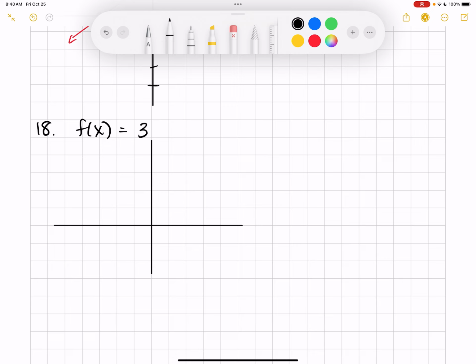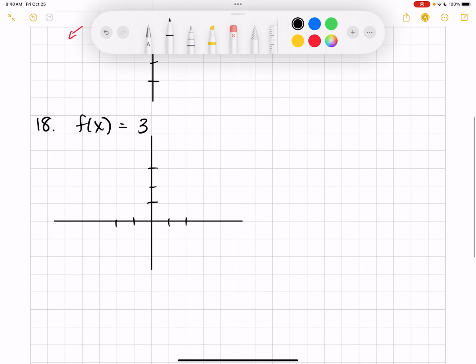Yep. So this is essentially saying y equals 3, so we put a point at the 3, and then it's just a horizontal line going through it. Disregard what I was about to say.